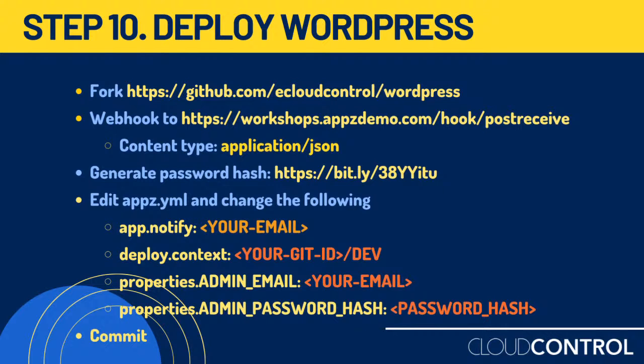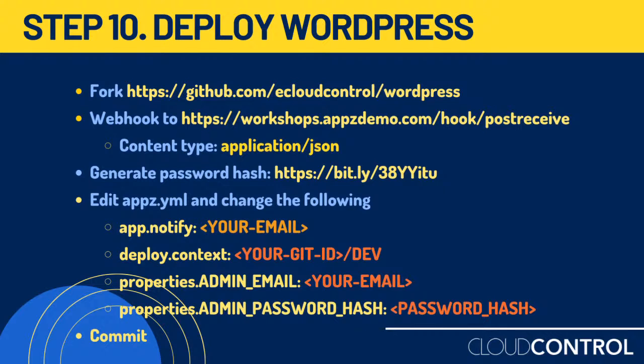So we have a link there on that URL, and Rajit will be posting it on the Slack channel, also the YouTube channel. Go to that link, generate a password hash for a password which you would like to keep for your WordPress admin account, and post that hash in the AppZ YAML. So that is the fourth part, where you are posting the password hash.